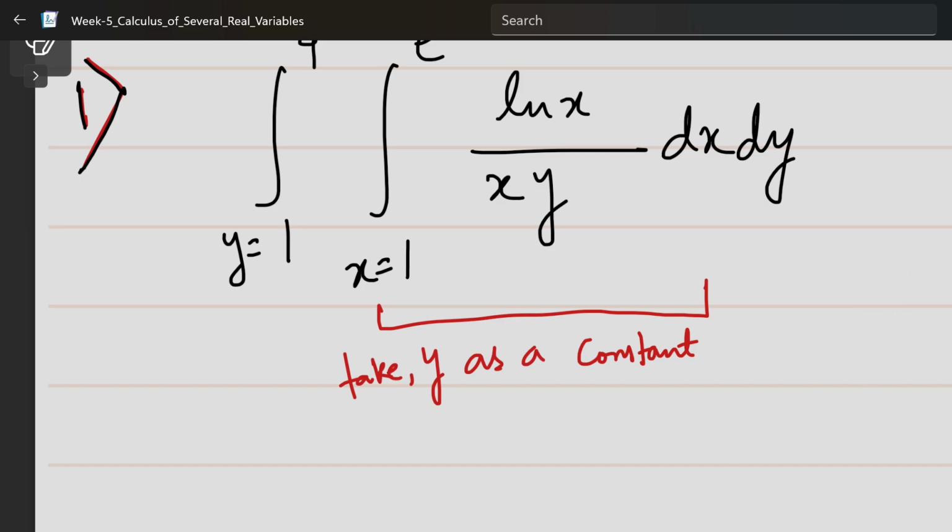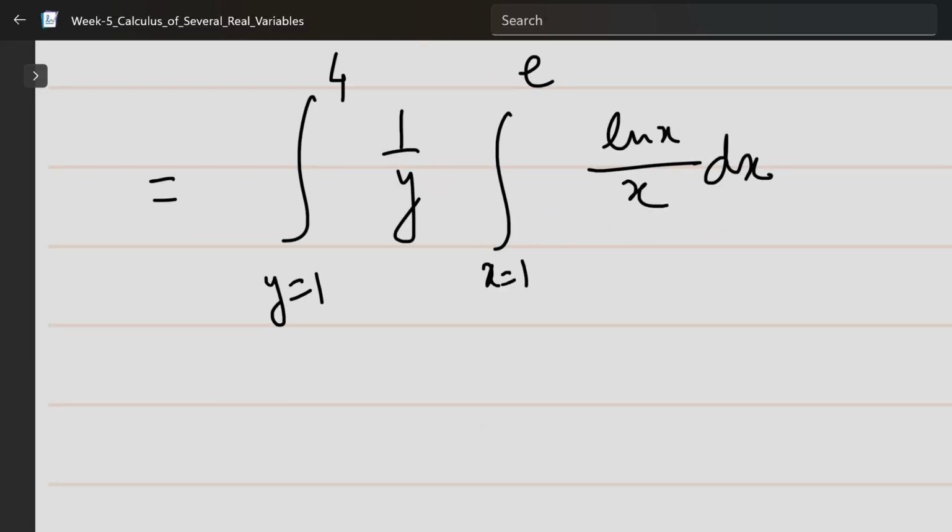So 1 by y will come outside. That means 1 to 4, 1 by y. And here x is 1 to e, ln x by x dx. So it is ln x square, right? It is ln x by x, so if you put ln x equal to z, then dx by x is dz.